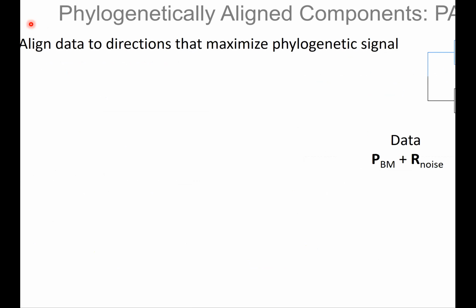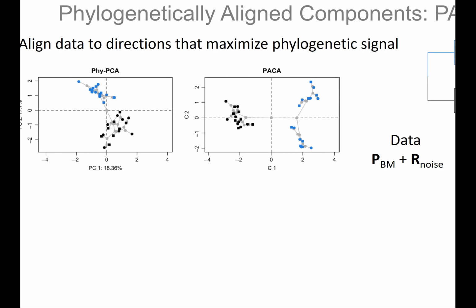And the simplest way to understand what it's doing is, again, visually. So on the left, you see a phylogeny. I'm denoting the species clades in blue and gray. And then there's circles and squares for two different ecological groups. And if we simulate data that's only phylogenetic data, what we get are phylogenetic PCA and PACA plots that are similar in the respect that the blue and the black dots are separated.